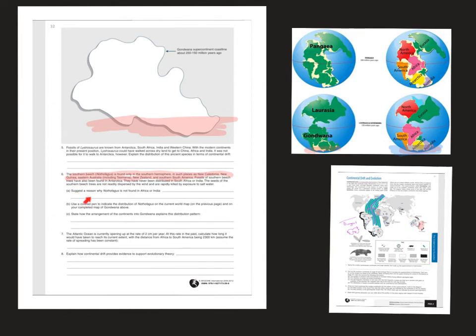So consider that when you consider the placement of all these lands that have been identified here when they were all part of one continent. And you can see I highlighted here, but there it is.